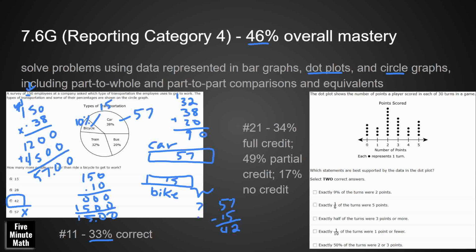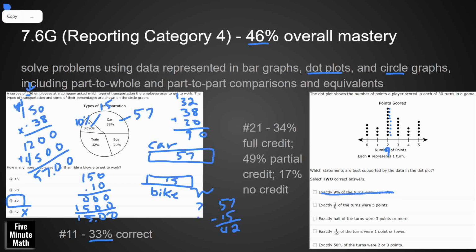There are two correct answers, and so we need to find both of them here. So exactly 9% of the turns were 2 points. Ooh, 9% is kind of a strange percent. Well, look, how many do I have here on 2? 1, 2, 3, 4, 5, 6, 7, 8, 9. All right, I actually have 9 people there. But 9 does not mean 9% unless it's out of 100.